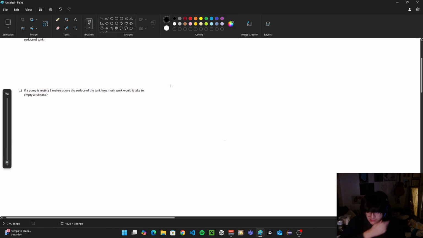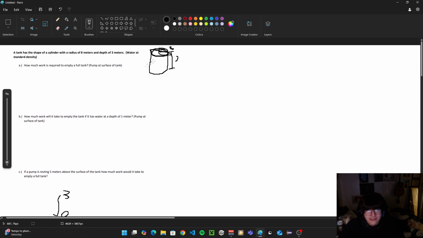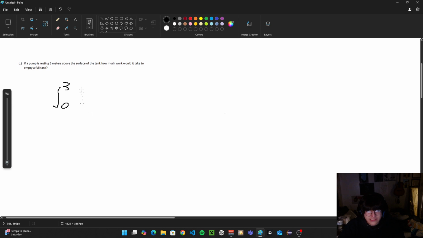For the last question, it says if a pump is resting 5 meters above the surface of the tank, how much work would it take to empty a full tank? So this is from 0 to 3, because it's a full tank and we know it has a depth of 3 meters. Times 1,000 times 9.8.